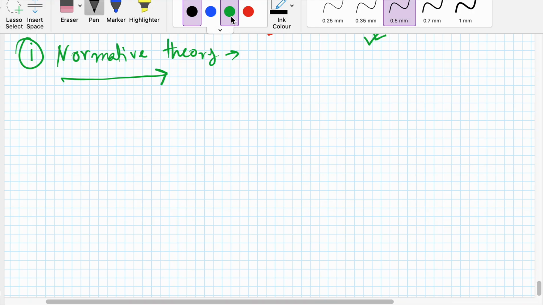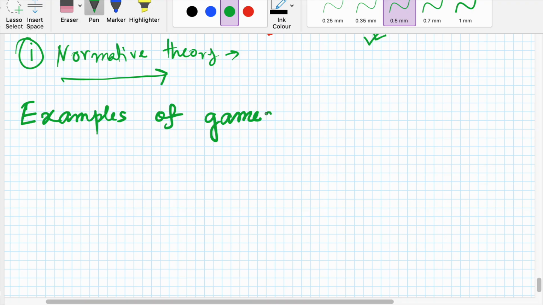So let me give examples of games, and in these examples we will see that some games contain both cooperation and conflict parts, but some games, like the competitive game, capture only the conflict part, or the strictly competitive game.